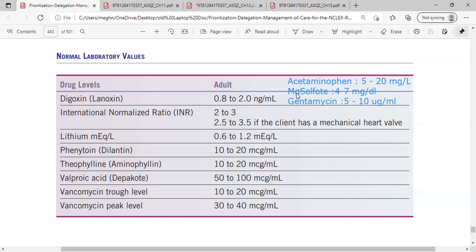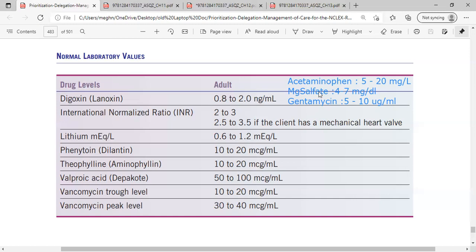Another drug is called magnesium sulfate. Its level is 4 to 7 milligram per dL. So if the concentration is more than 7, we call it magnesium toxicity. As a sign of toxicity, the patient presents with areflexia.